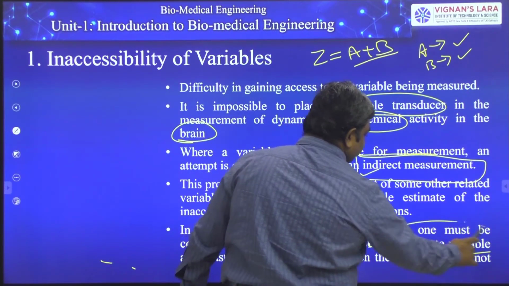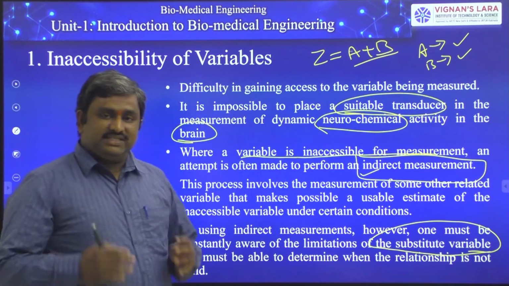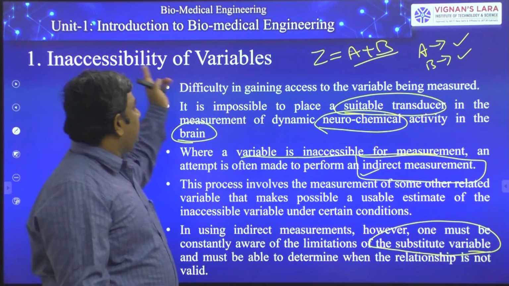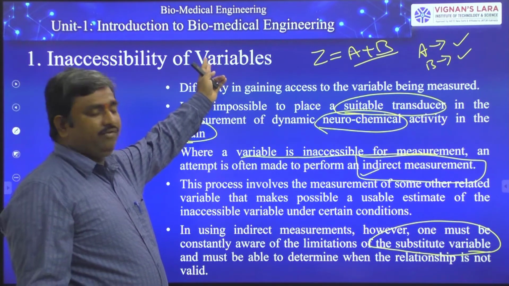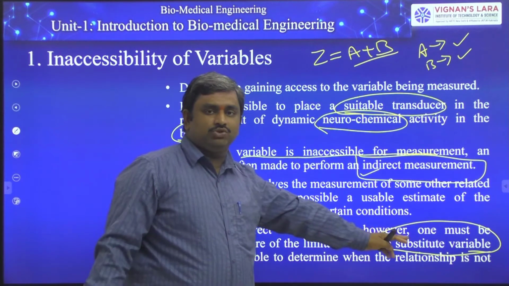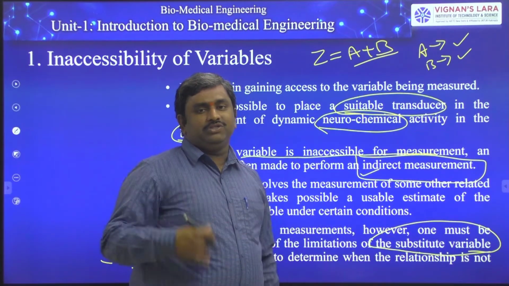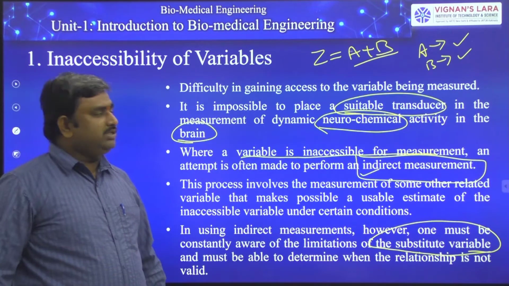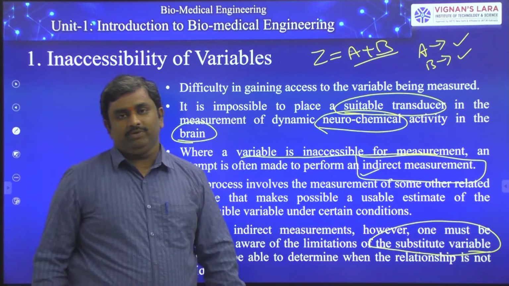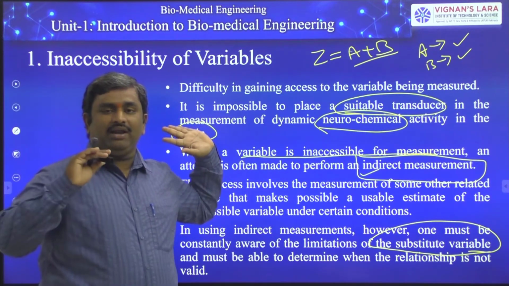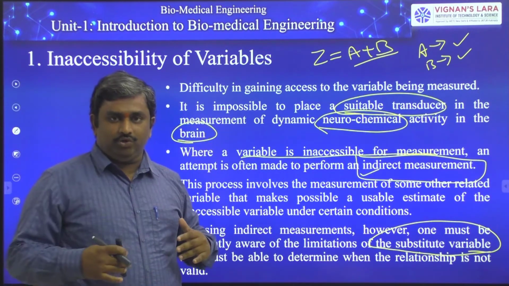When we have some substitutable variables, wherever variables are inaccessible, wherever we cannot access those variables, we take their substitute variables and measure those types of activities. So this is the concept of inaccessibility of variables. It's a very simple thing. The first point is we cannot access some of the variables from the human body.